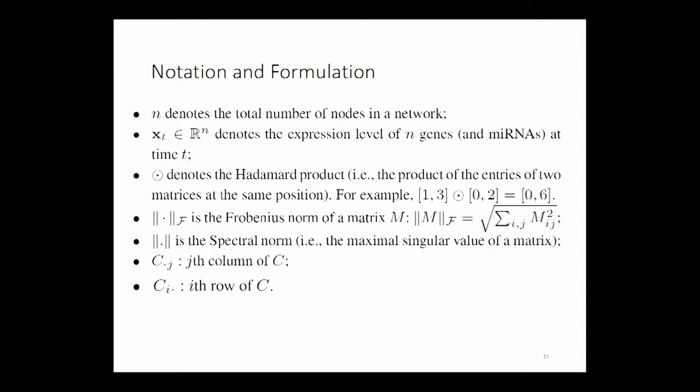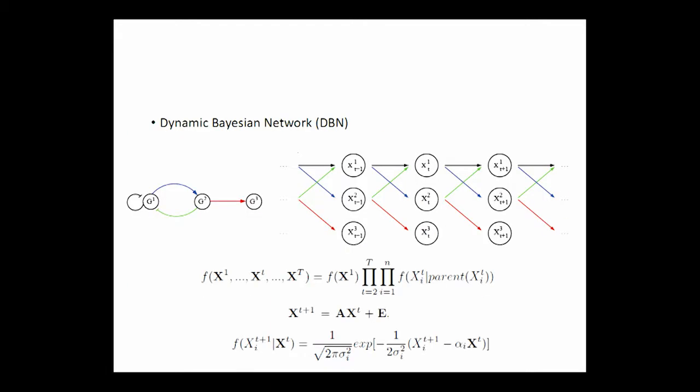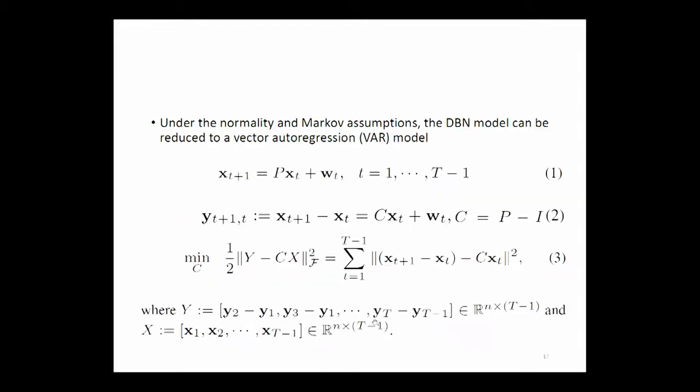So then we start to think about the mathematical formulation, how we actually do this. Here's some notation I'm going to skip, given limited time, and we still use the dynamic Bayesian model. Basically, if we assume the Markov property and also make the Gaussian distribution assumption, this dynamic Bayesian network model becomes a vector autoregressive model, which is straightforward.